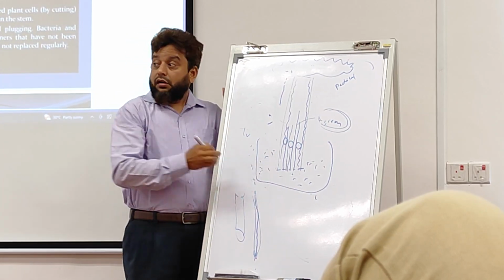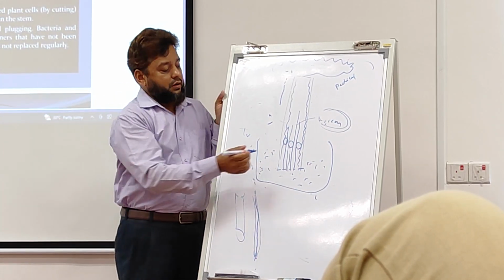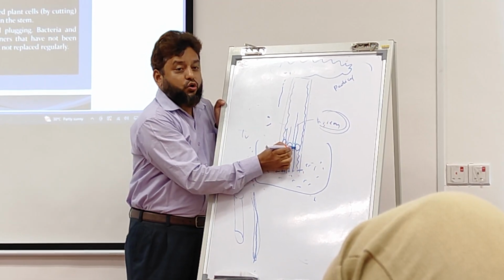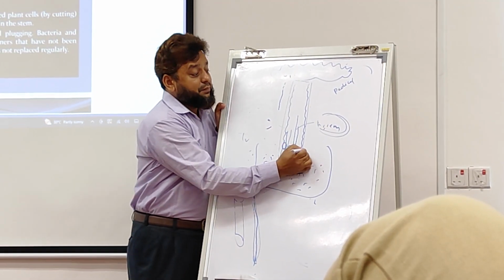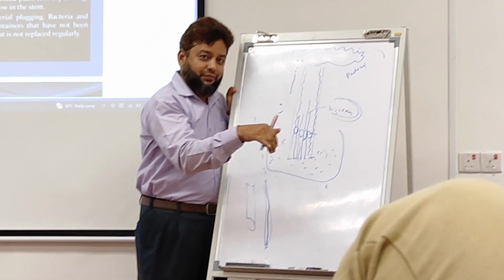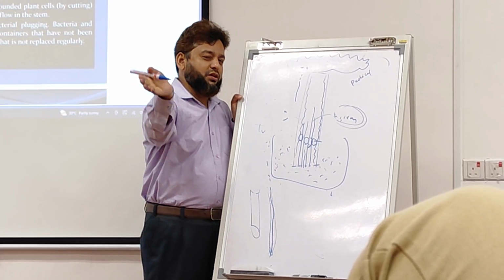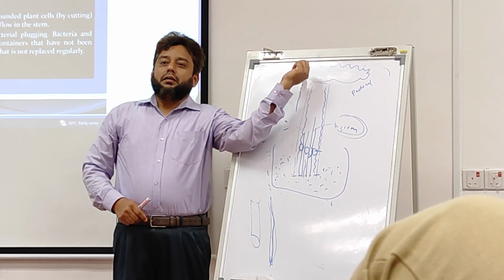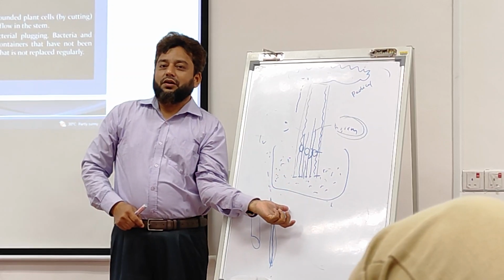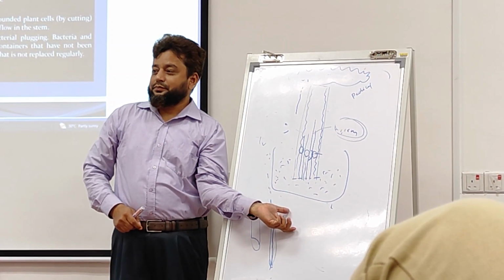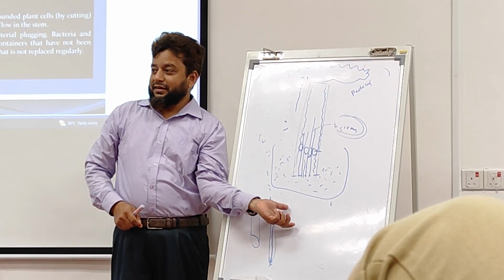All the tubes are blocked by this air bubble. Now you keep the stem in the pot with water and food. Tell me, can the petal take water or sugar, or not?